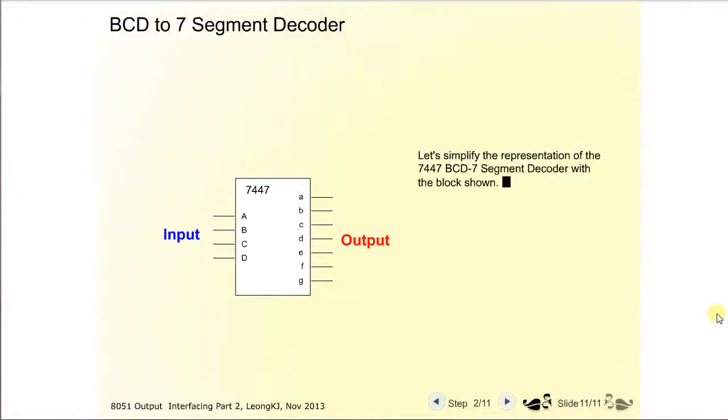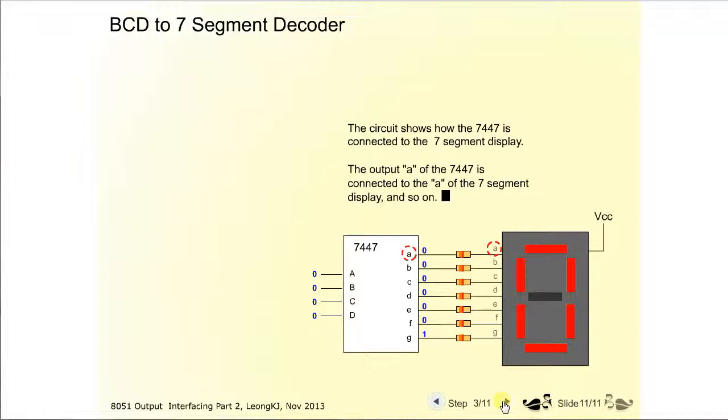Let's simplify the representation of the 7447 BCD to 7-segment decoder using the diagram shown. The circuit shows how to connect the decoder to the 7-segment display.